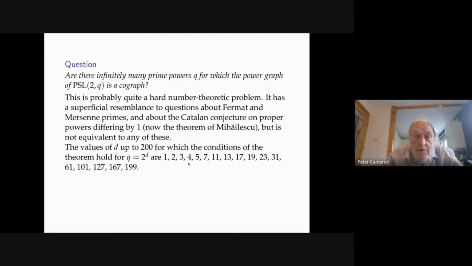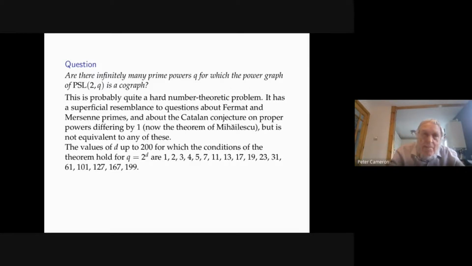Well, 15 is a product of 2 primes. 17 is a prime because it's actually a Fermat prime. And for d equals 5, 31 is a Mersenne prime. 33 is 3 times 11. For d equals 6, it fails because 2 to the 6th is 64. 65 is a product of 2 primes, but 63 is 3 squared times 7. So it's neither a prime power nor a product of 2 primes.